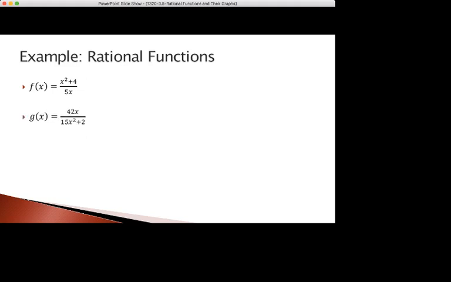Now, g of x. g of x is equal to 42x over 15x squared plus 2. So in the numerator, we have a polynomial of 42x, and in the denominator, we have a polynomial of 15x squared plus 2. So these are two basic examples of rational functions.